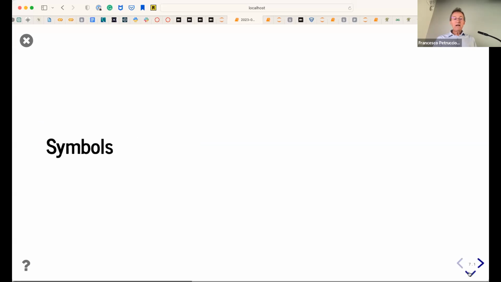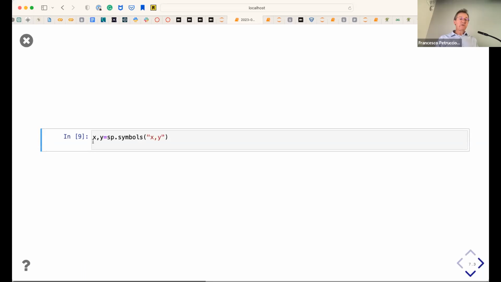As I mentioned, the crucial thing in SymPy is to introduce symbols, and to introduce symbols is very simple. For instance, if you want to manipulate expressions with x and y, you use sp.symbols, and in inverted commas you define x and y. So that's very straightforward.